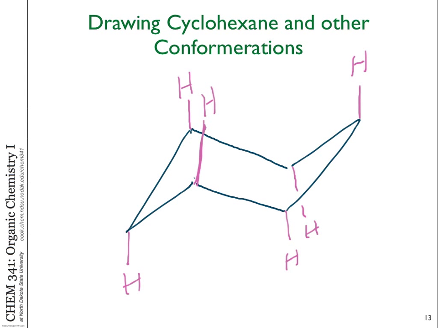Okay, so those are the 6 axial hydrogens. I know I've done it right because they alternate up, down as I go around the ring from one carbon to the next. You usually have 3 on the top side and 3 on the bottom side, all alternating. Okay, what about the equatorial hydrogens? How would we draw that on here? Let's see if I get a different color. Okay.